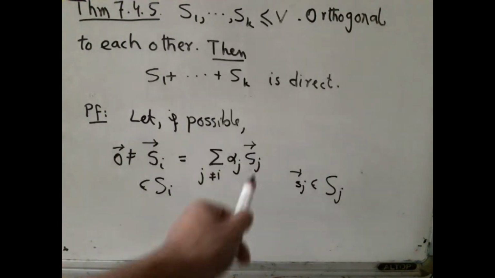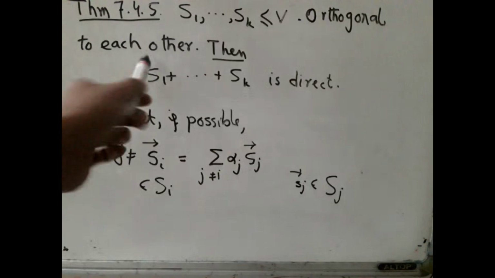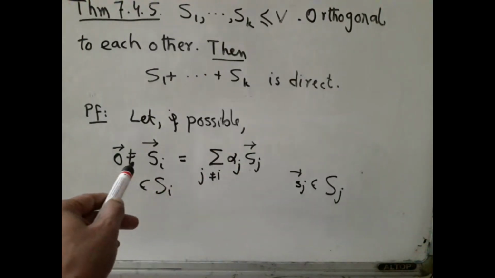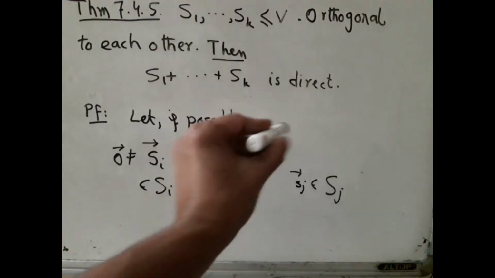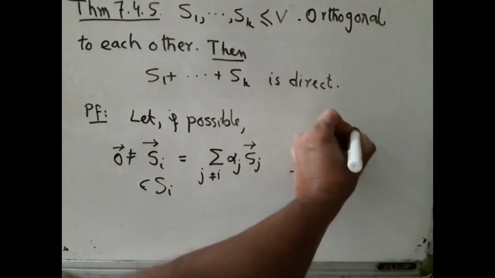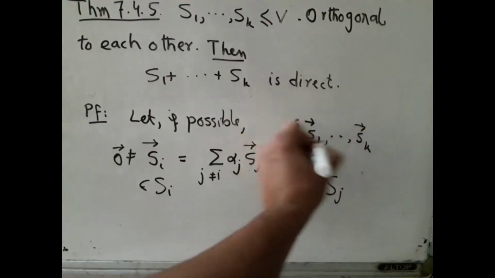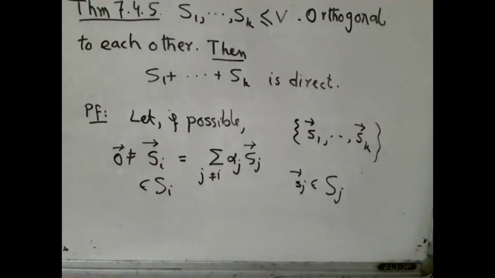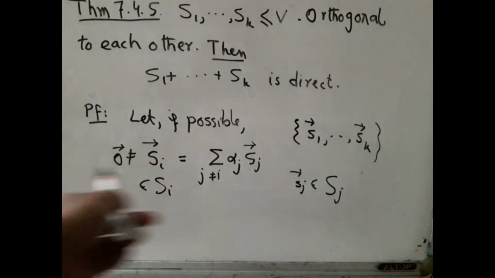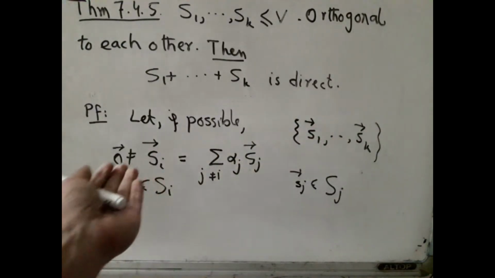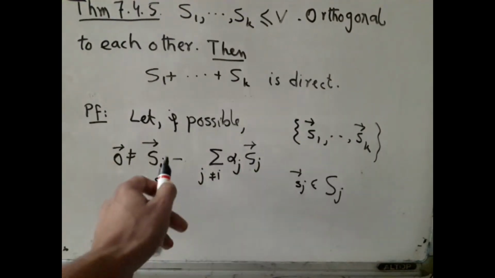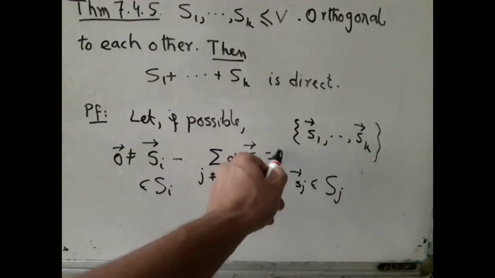All these vectors are supposed to be orthogonal because the subspaces S1 to Sk are orthogonal to each other. So these vectors are all orthogonal because they belong to these Si's. So I know that they must be linearly independent. But how is that possible? Because if I take everything on that side, I am going to get this equal to 0.